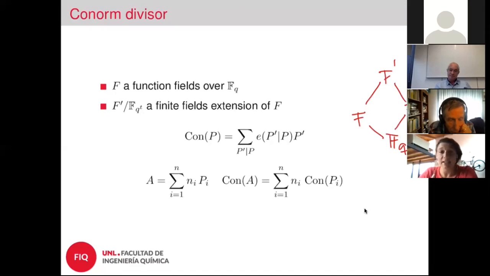And in this case, the conorm of a place is defined as the sum of all the places above the original place.